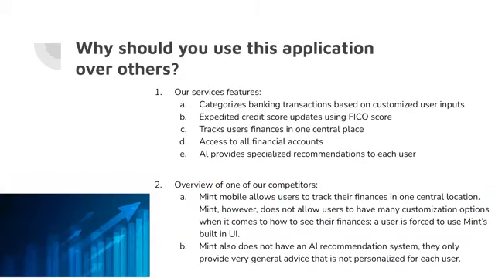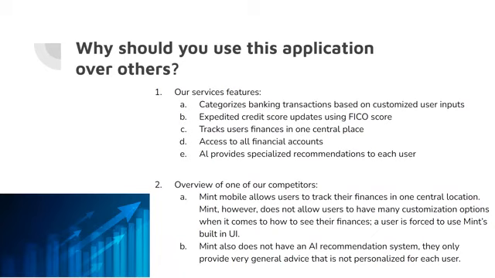Why you should use our application over others? For one, our service features consist of categorizing banking transactions based on customized user inputs, and expedited credit score updates using FICO scores.